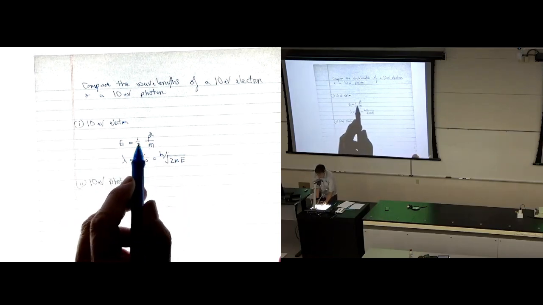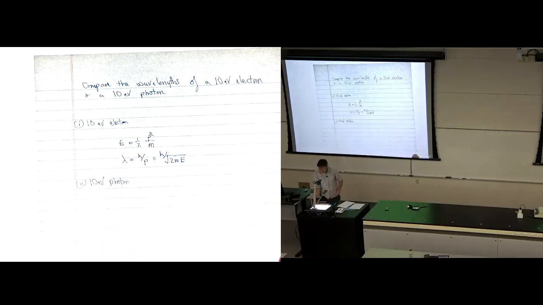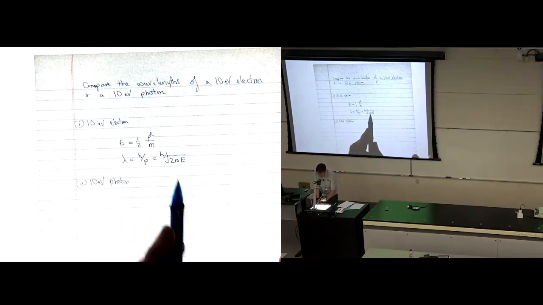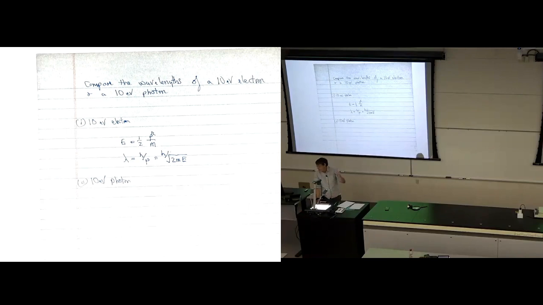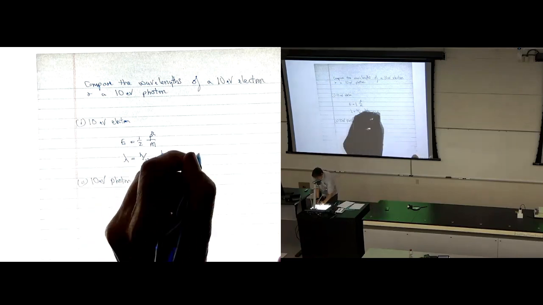If I rearrange this equation, multiplying by 2, multiplying by m, and taking the square root, I can replace the momentum by the square root of 2 times the mass of the electron times the energy of the electron. And then I can plug all the numbers into this equation.